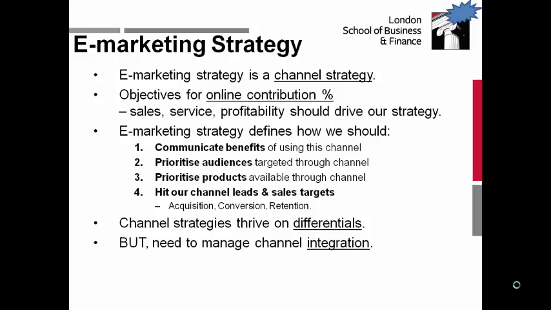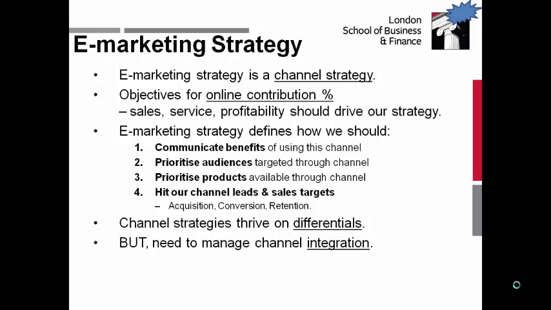So channel strategies thrive on differentials. So the internet marketing strategy or e-marketing strategy is able to create that differential approach, but it needs to be managed through appropriate channel integration.